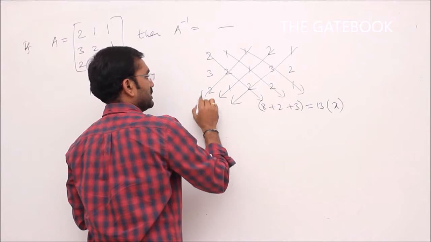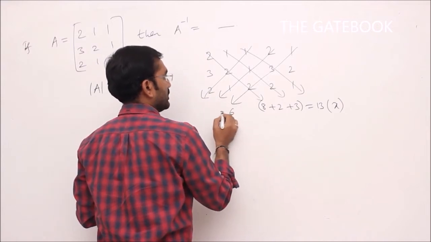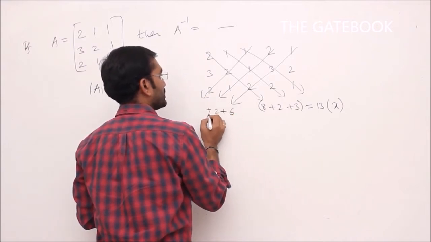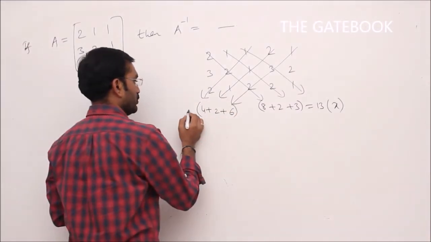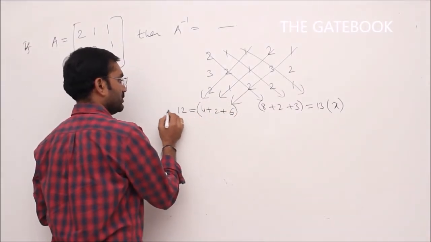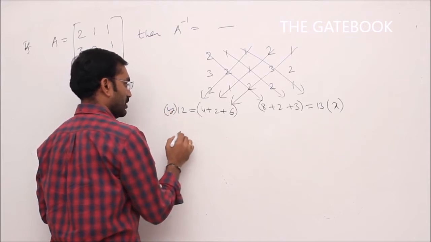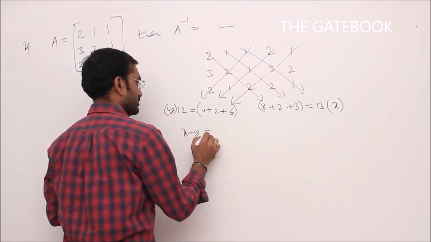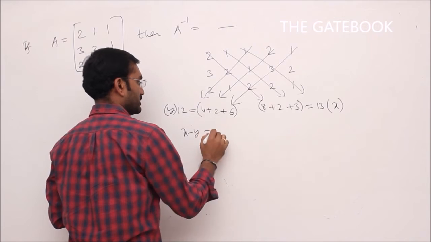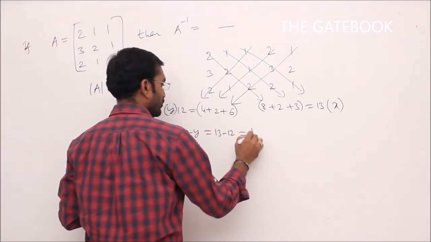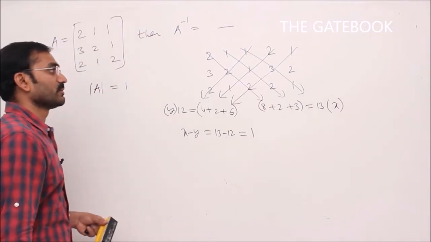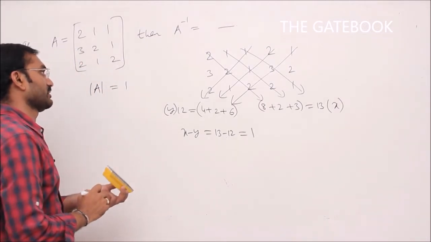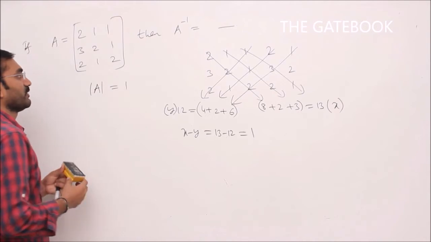That will give 6 plus 2 plus 4. So we'll get 12. Let it be y. Now x minus y will give the determinant of that matrix. 13 minus 12 is equal to 1. So that is a shortcut method to find the determinant of any 3 by 3 matrix. So we got the determinant value 1.